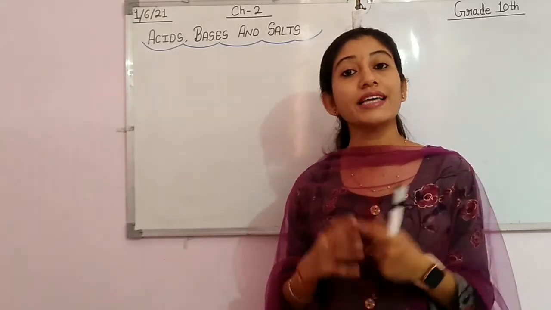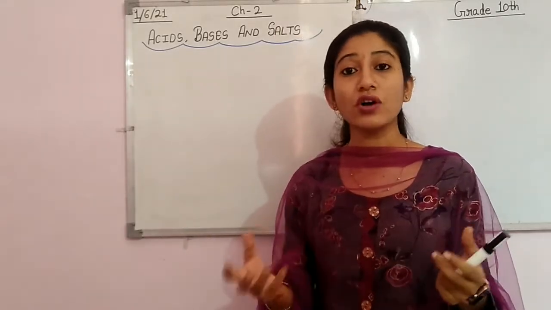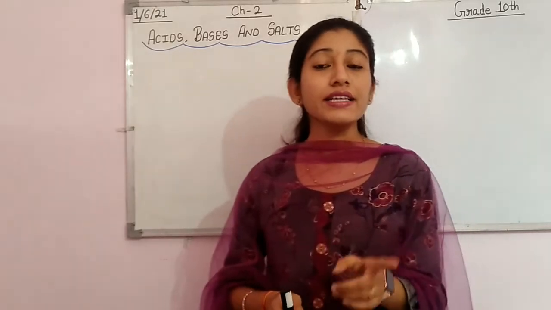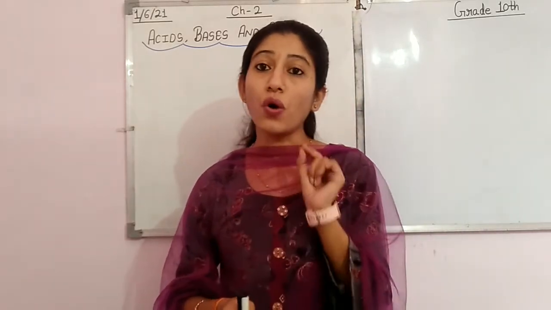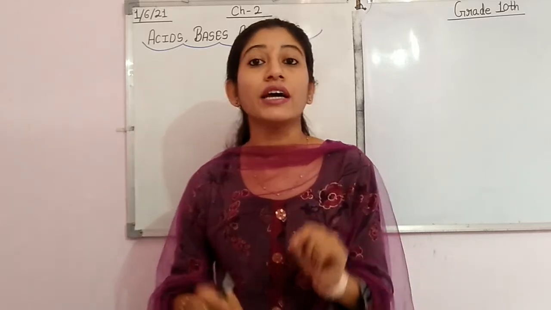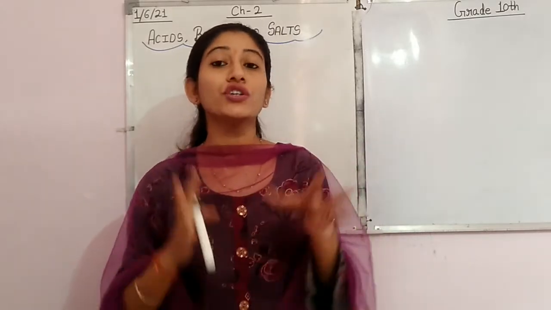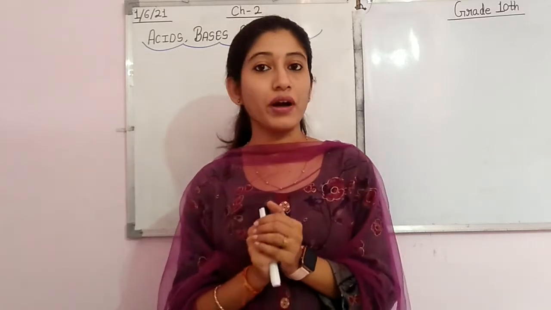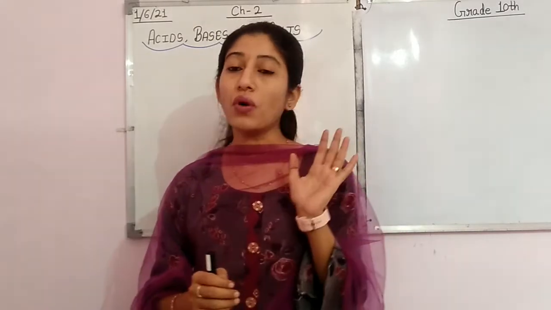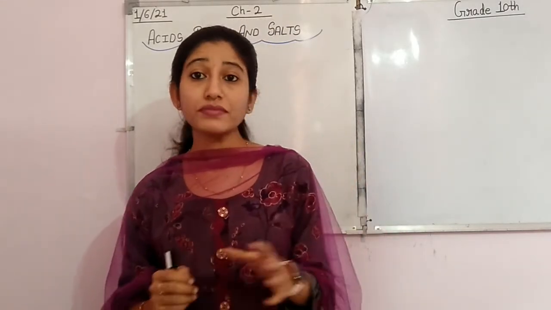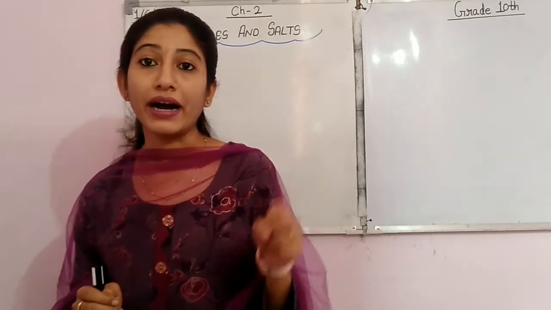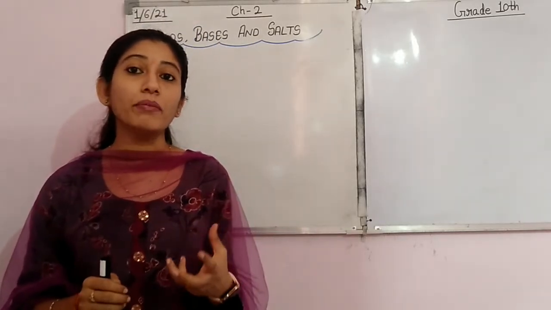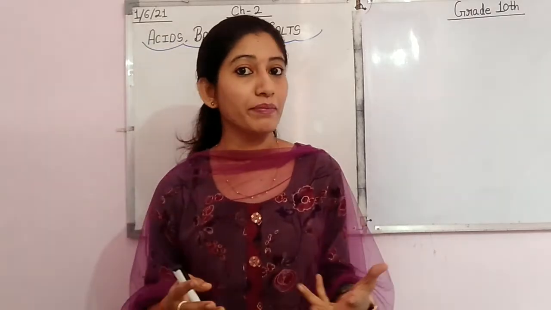So what are these acids, bases, salts, and where did they come from? Students, in class 9th you all have studied that when we combine two or more elements together, they form compounds, right? When we combine two or more than two elements, they form a different type of compound.